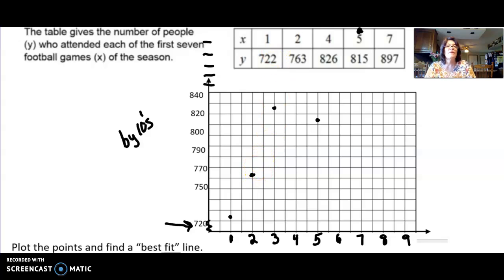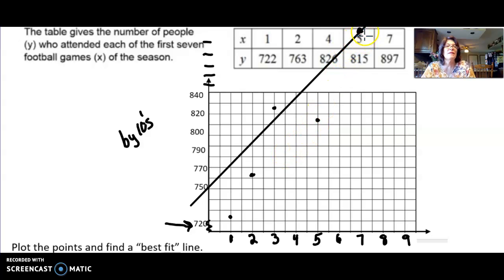Okay. I think what I might do, a lot of times I draw it and then I redraw it. Okay. But I'm feeling like I want to go kind of in between these two and maybe hit that one. And if I do that one, I kind of have too many below here.